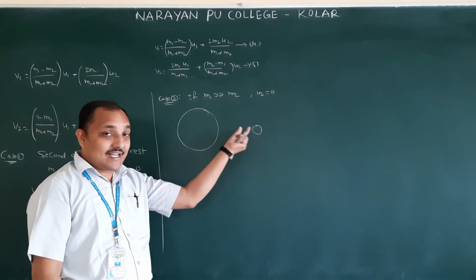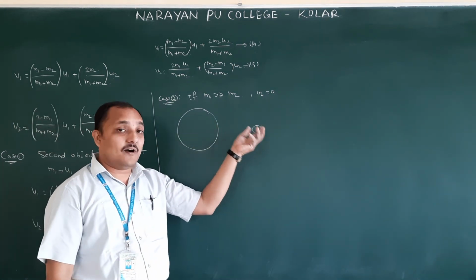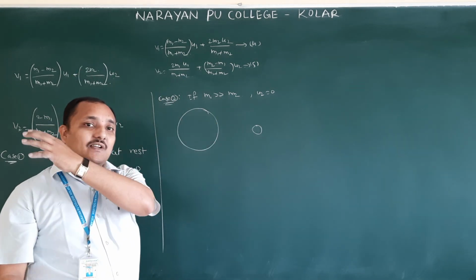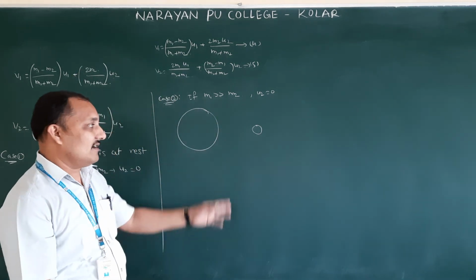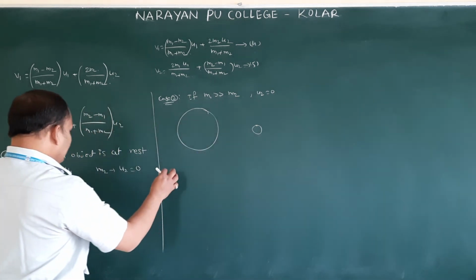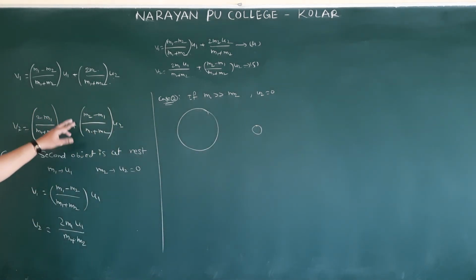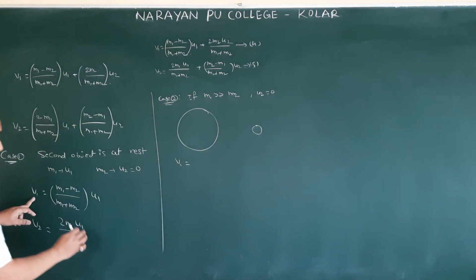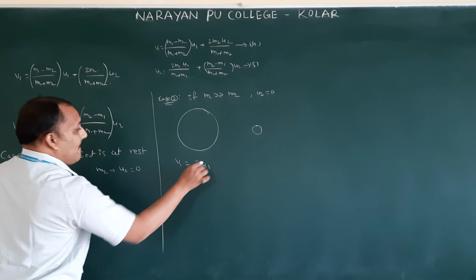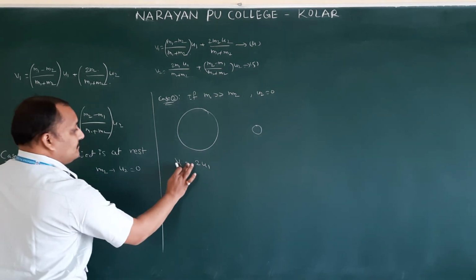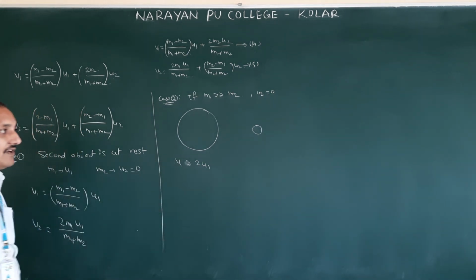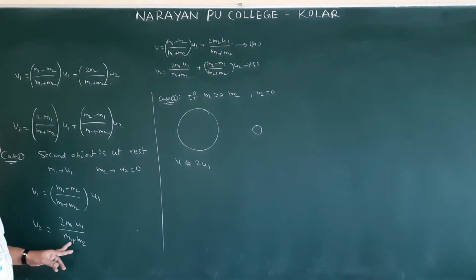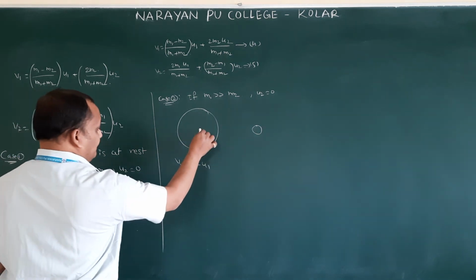Like the ball hitting the wall. The wall is a bigger object than the ball. Then the ball will come back with the same velocity backwards. Like that it will happen. So V1 we are going to get almost 2U1, almost. After collision, the second object is moving with more velocity, V2.